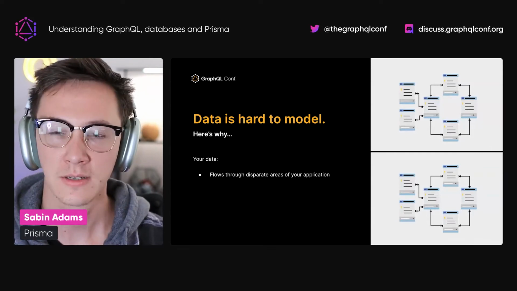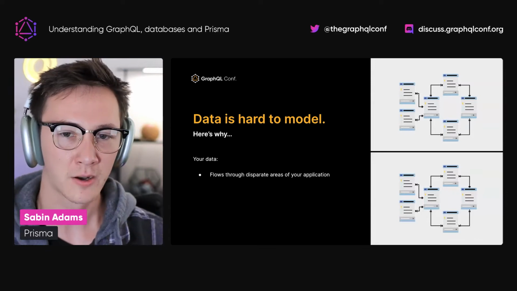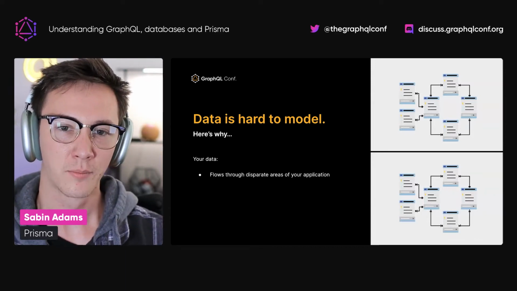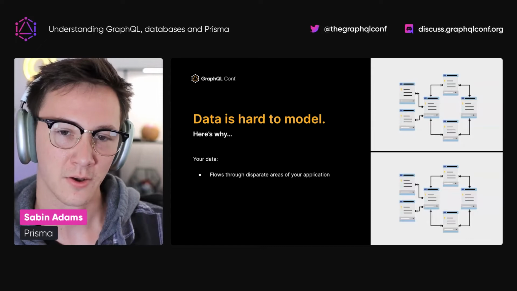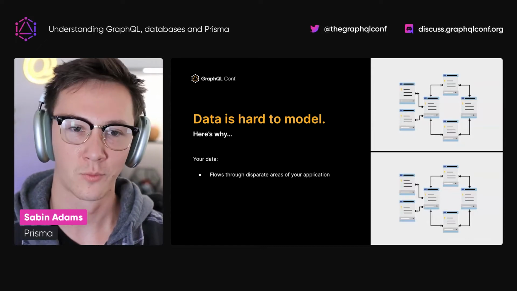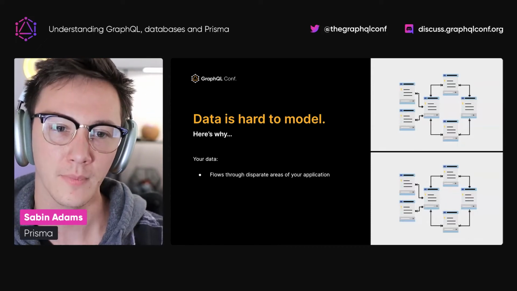So this makes modeling your data pretty hard, because you have to model it in a way where it produces an expected result every time you move this data from one location to another.